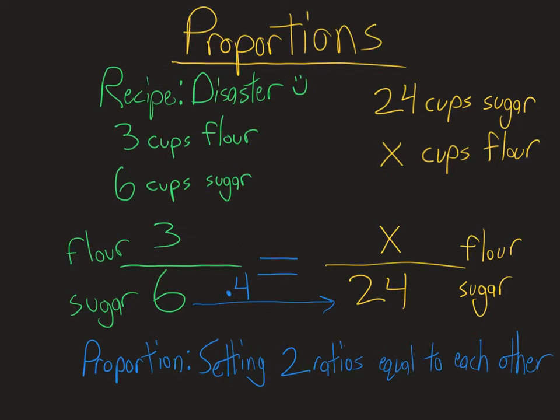So just like we talked about numerous times this week, if I'm going to multiply by 4 on the bottom, as long as I multiply by 4 on the top, it's still going to be an equivalent fraction. It's still going to work out. So I can just multiply 3 times 4, and I can see that x equals 12. I've found the common multiple. That's a way to solve the proportion. Okay? That's one way to do it.